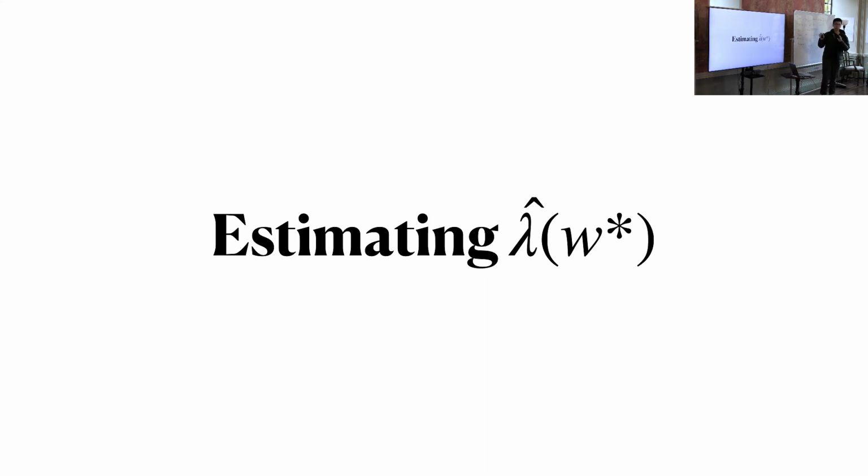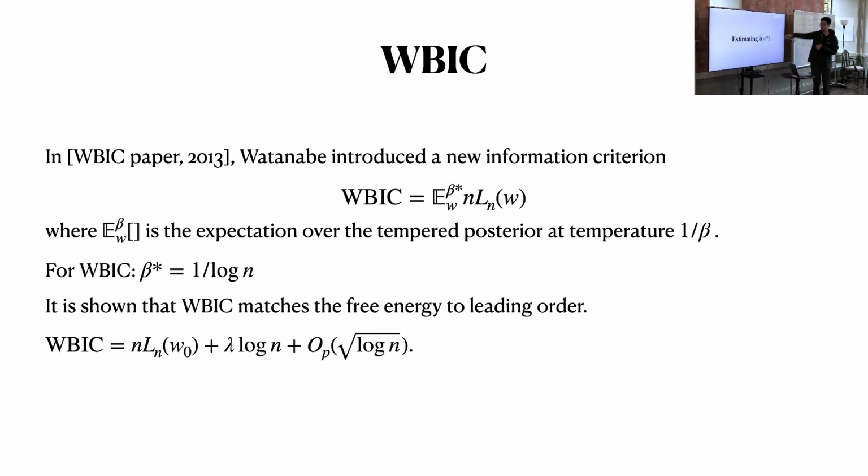the rest of the talk will be looking at devising a way to estimate this local complexity measure, the lambda hat at W star, and the core apparatus is introduced by Watanabe in what we call the WBIC paper, where a new information criterion, not the BIC, but the WBIC, the widely applicable Bayesian information criterion, or Watanabe information criterion, is defined to be the expectation of your log likelihood, so nL is the log likelihood, a posterior expectation taken at a tempered posterior.